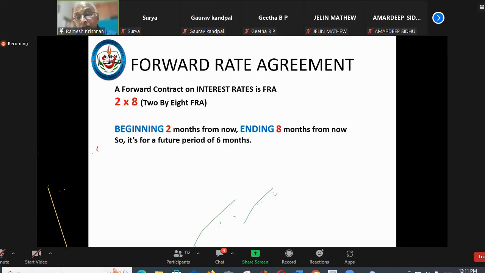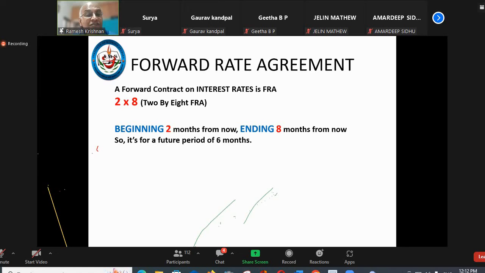So this you should be able to identify from the numbers given: for what period is the FRA, when is it going to commence, and when it is going to end. A 6/9 FRA means it is a 3 months period FRA. 9 minus 6 is 3 months tenor FRA. But that benchmark will be fixed today itself for a starting of 6 months from now and ending of 6 plus 3, 9 months from now.